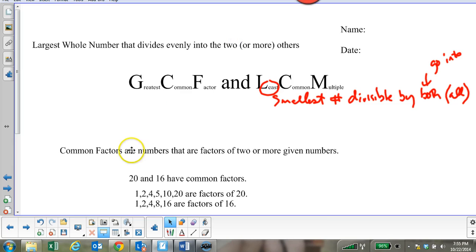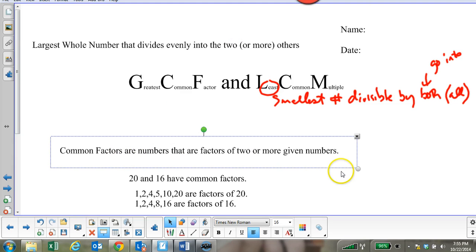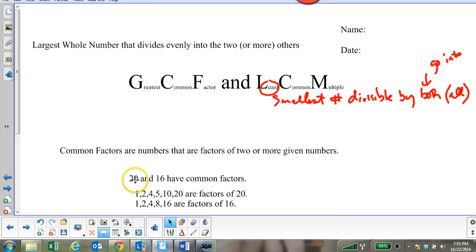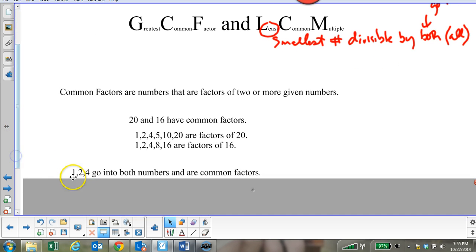So we know what those are. Common factors are numbers that are factors of two or more given numbers. An easy example: 20 and 16 have some common factors. 1, 2, 4, 5, 10, and 20, we said in the last video, are factors of 20. We look at the factors of 16: 1 times 16, 2 times 8, and 4 times 4. So 1, 2, 4, 8, and 16 are the factors of 16. And 1, 2, and 4 go into both numbers, so they're common factors.